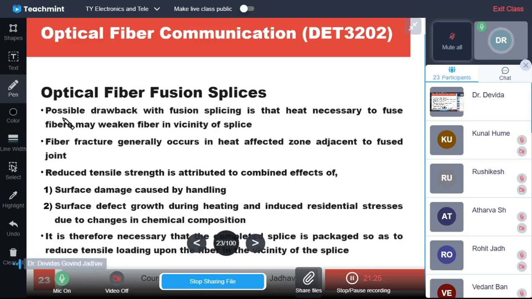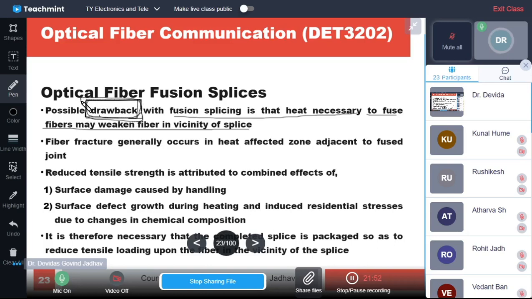A possible drawback with fusion splicing is that the heat necessary to fuse the fiber may weaken the fiber in the vicinity of the splice. So what are the drawbacks of fusion splicing?